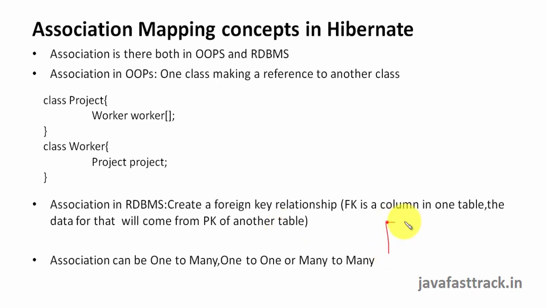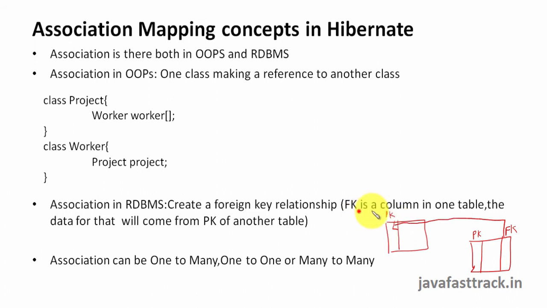So we have two tables. Table 1 has a primary key, and then we have table 2, which also has a primary key. To create a relationship, you should mark one of the columns in the second table as a foreign key column and make a relationship with the primary key of another table.